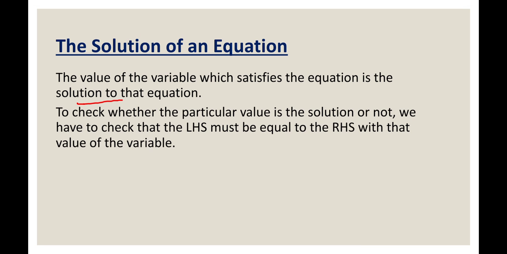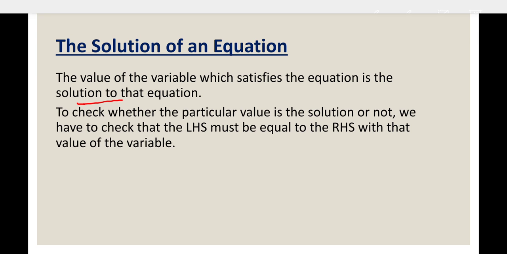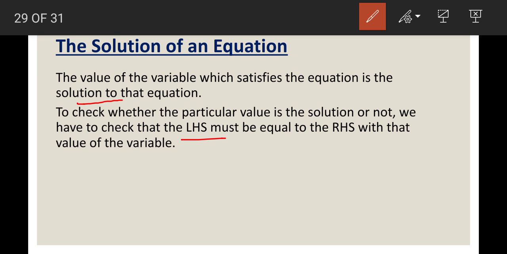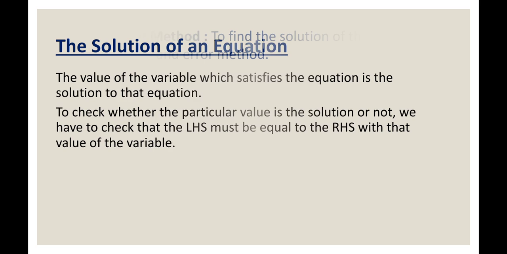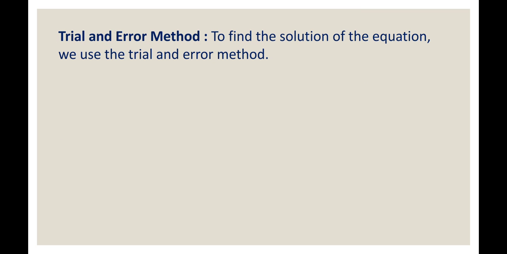To check whether a particular value of the variable is a solution or not, we have to check that LHS must be equal to RHS. There is a method, the trial and error method, to find the solution of the equation.